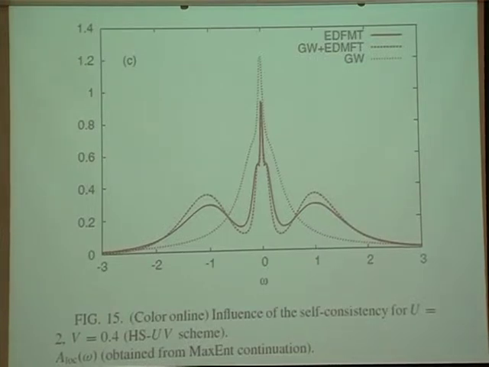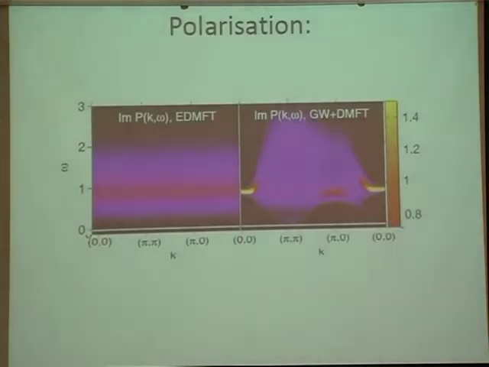okay. However, that does not mean that GW is not doing anything for you. First of all, it does not mean that it's not doing anything for you in general. I will show you that in realistic systems, this conclusion is largely altered. But I also want to show you that even if the effect on the self-energy is not so large, you also have the GW part in the polarization.